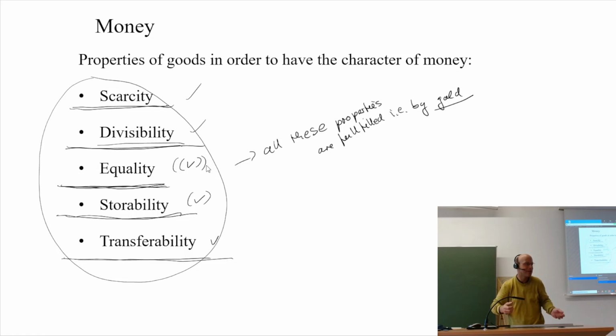So this is really interesting how this will develop in the future. But I would say most properties we can say okay, but there are some properties where it is not clear if you really can say that this is money. Yeah.